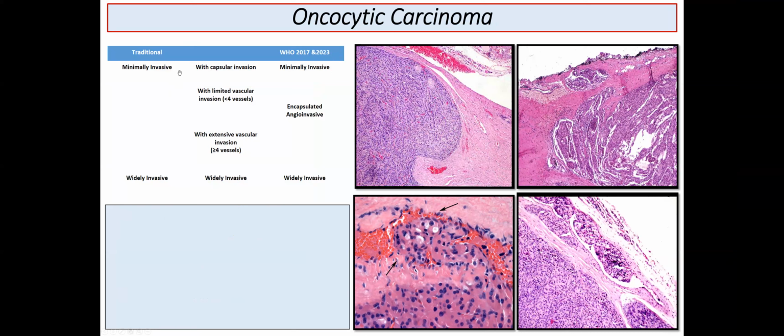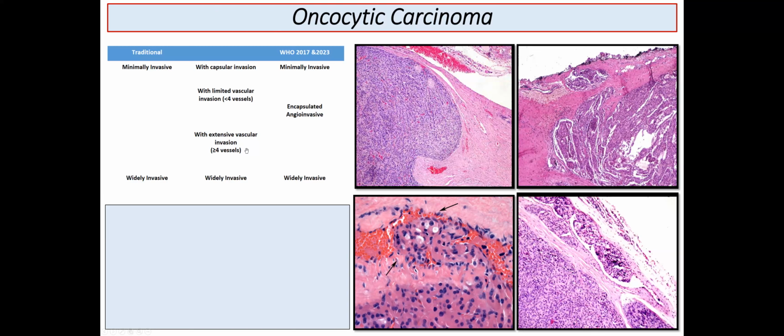The minimally invasive can be diagnosed based upon capsular invasion only. But when you introduce vascular invasion, that means invasion into the vessels in the tumor capsule, they can be less than 4 vessels, which is encapsulated angioinvasive, or with extensive vascular invasion, which is 4 or more vessels.